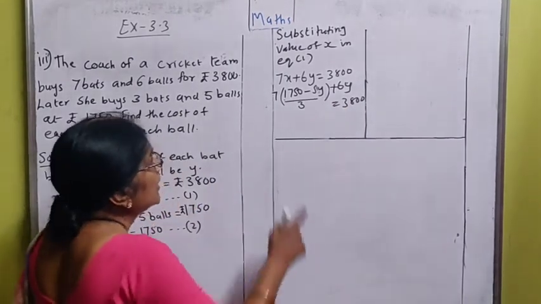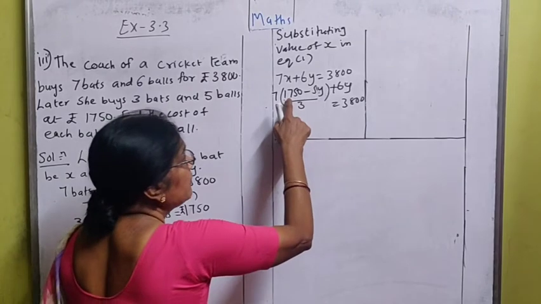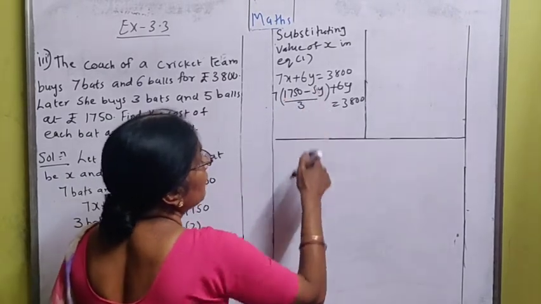Now what we have to do? 7 we have to multiply with 1750 and 7 we have to multiply with 5 also.